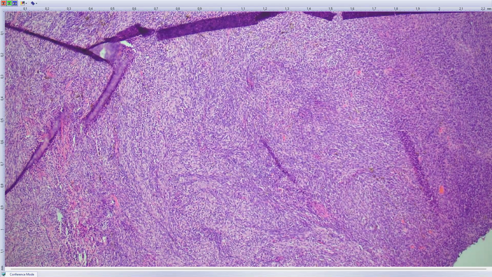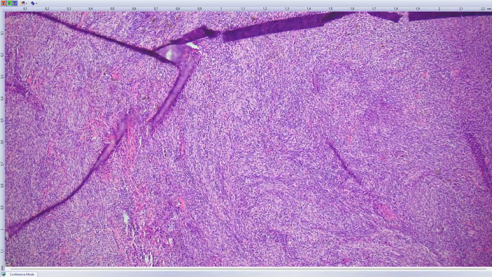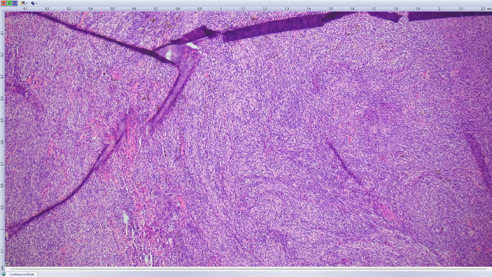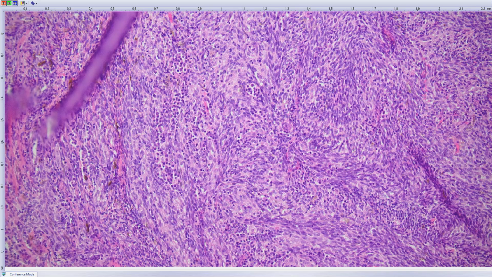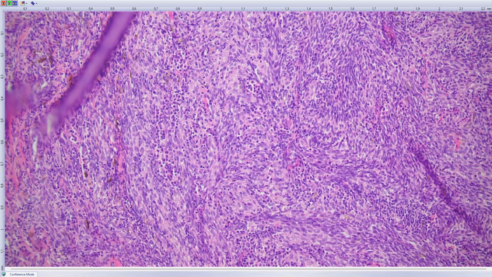And the case was sent with a differential diagnosis of so-called melanotic schwannoma, or it's nowadays called malignant melanotic nerve sheath tumor, and malignant melanoma. So these were two differential diagnostic considerations by the referring pathologist.